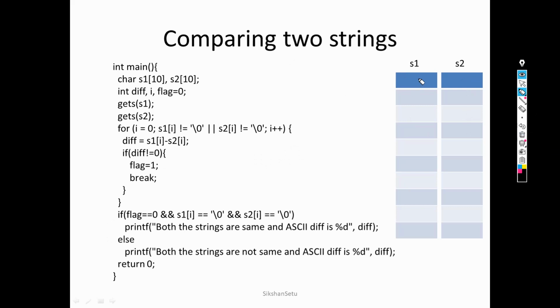Another case if you want to take, suppose I have taken A, B, C and here I have taken A, B, C and D. Now what will happen? Initially A minus A is 0, B minus B is 0, C minus C is 0. Now this is the null character, and here it is a null character.